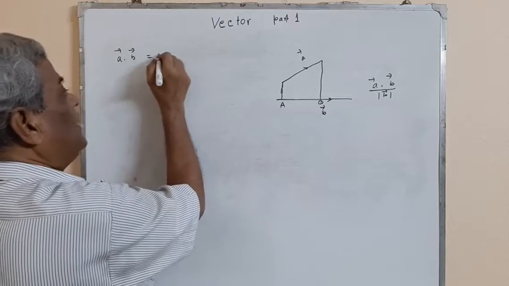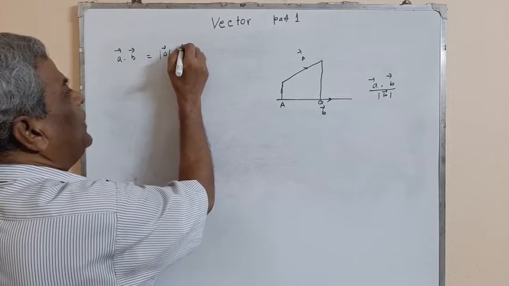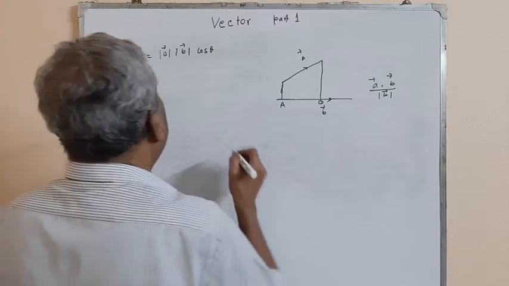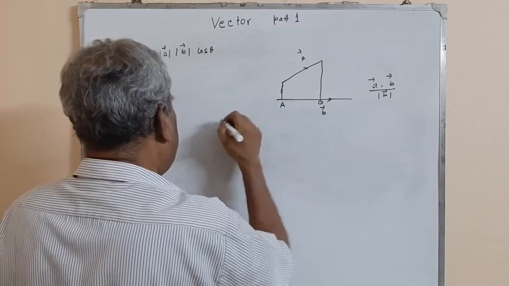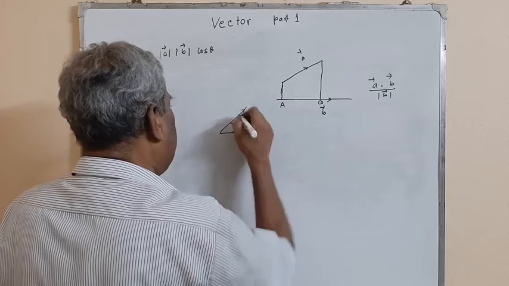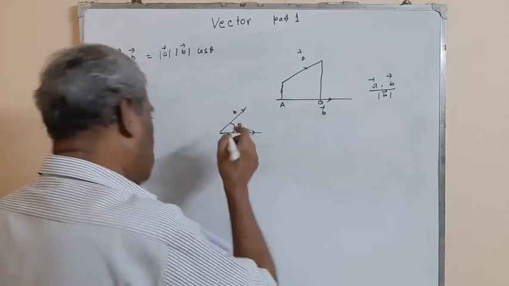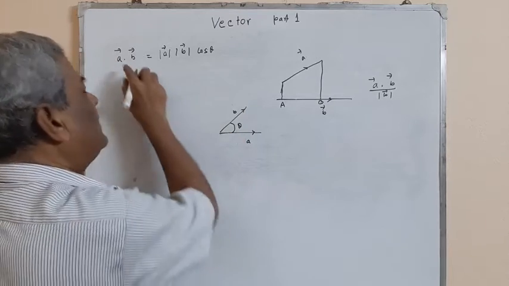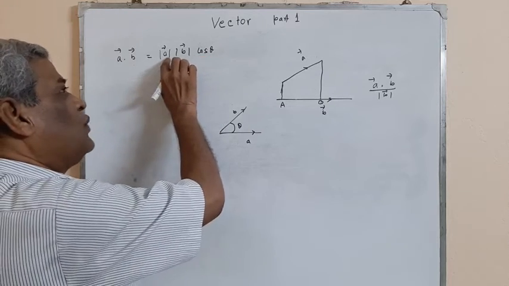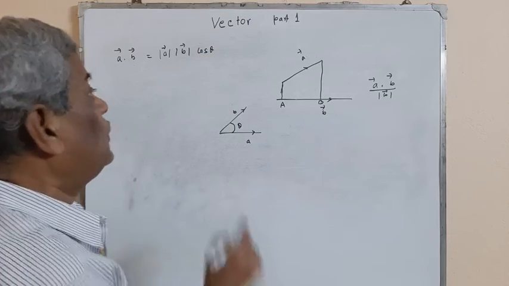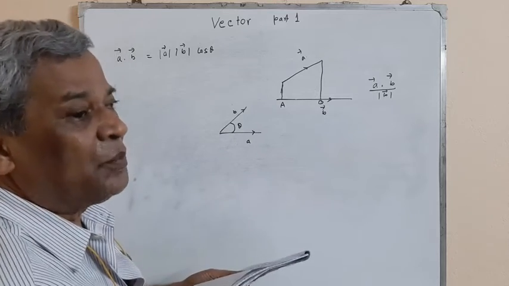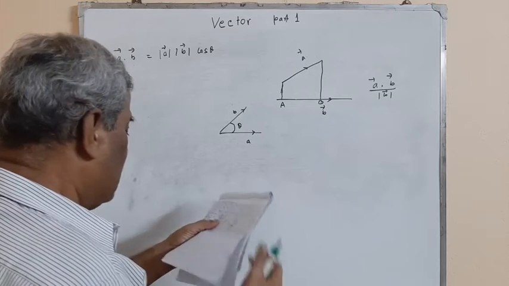Dot product is defined as magnitude A into magnitude B into cos theta, where theta is the angle between vector A and vector B. The result is a scalar quantity, which is why it is normally known as the dot product or scalar product.